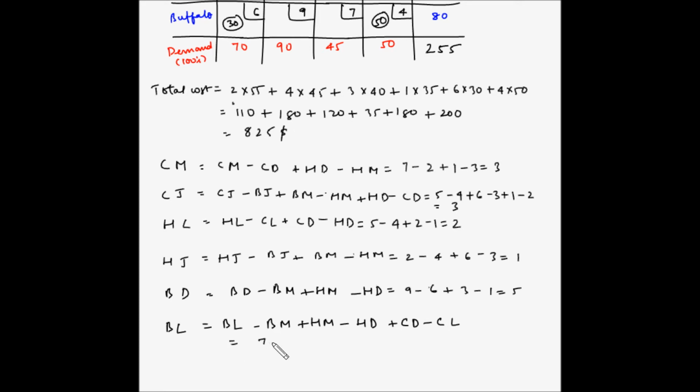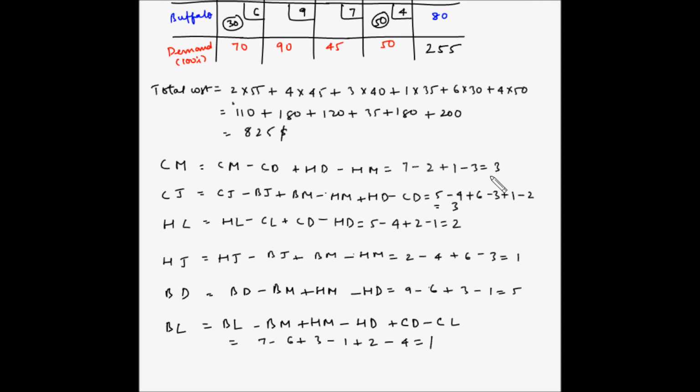So BL is 7 minus BM is 6 plus HM is 3 minus HD is 1 plus CD is 2 minus CL is 4. So 7 minus 6 is 1, plus 3 is 4, minus 1 is 3, plus 2 is 5, minus 4 is 1.